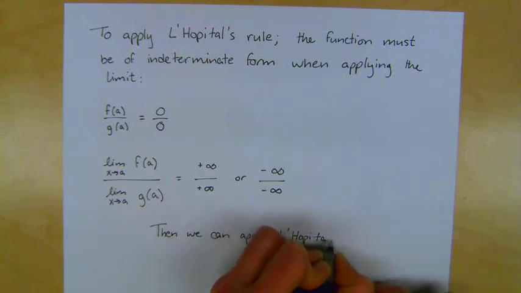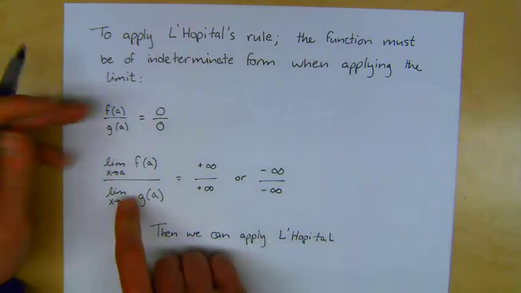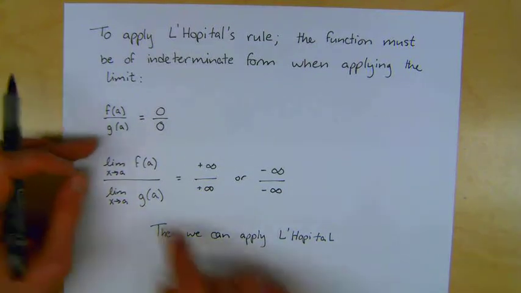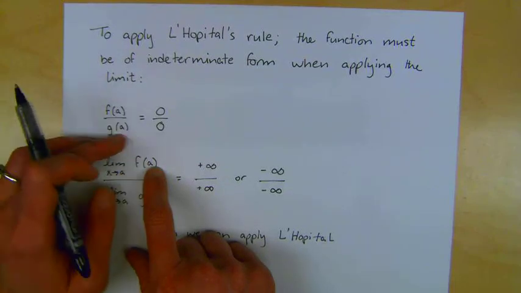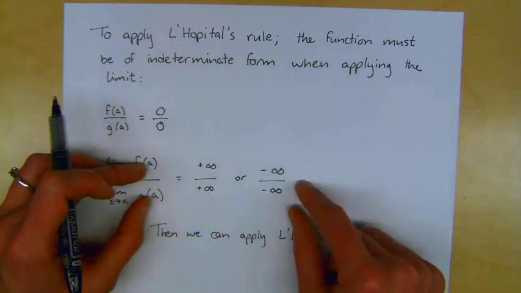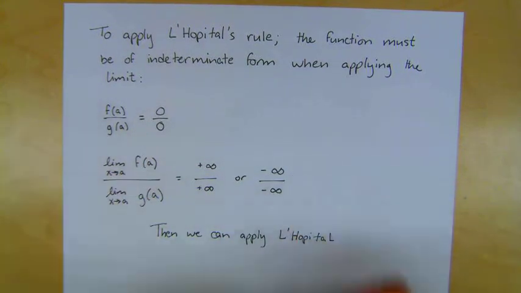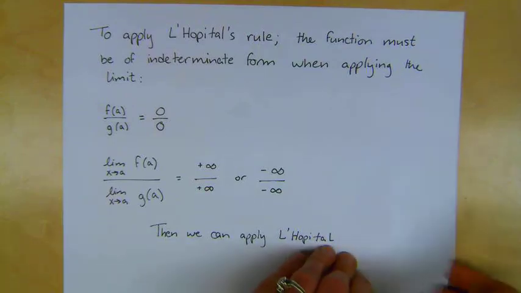So you have to check. And sort of the reason why we have this separated in two different cases is that just plugging in this a value into your function, these aren't actually equal to infinity or negative infinity. It's that the limit is equal to infinity. So maybe that's a technical detail that makes it a little more confusing. But what does this mean in terms of application?